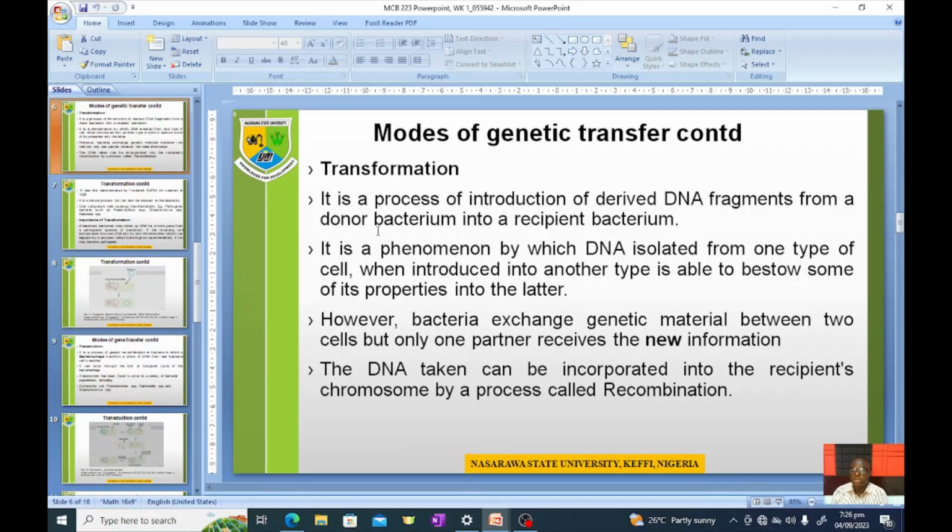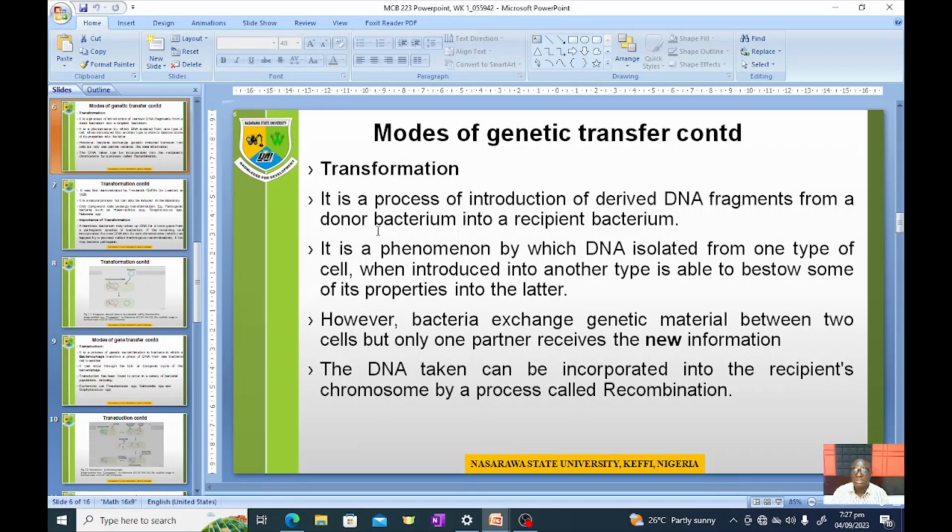It is a phenomenon by which DNA isolated from one type of cell, when introduced into another type, is able to bestow some of its properties onto the latter, which is the receiving bacterium.